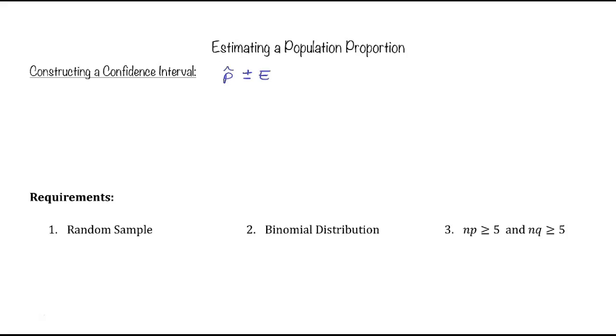The margin of error in this case is calculated by finding z sub alpha over 2 and multiplying it by the square root of p hat times q hat divided by n. In other words, we could write this confidence interval as p hat plus or minus z sub alpha over 2 times the square root of p hat times q hat over n. This will result in an interval from p hat minus E to p hat plus E.